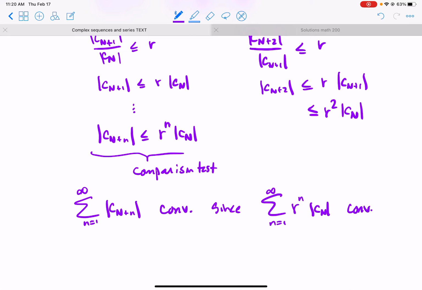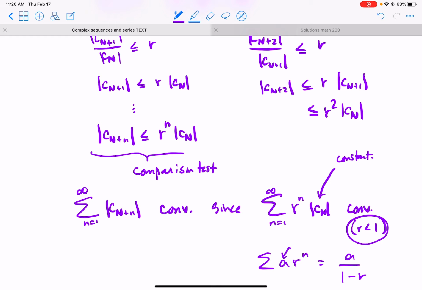Why? Well, r is less than 1. This is just some constant. It's just the size of C_N, just that number. It's like the a. Remember we had geometric series like a times r to the n, where this is some constant, and then this would converge to a over 1 minus r when r is less than 1. Well, yeah, that's just like the a.